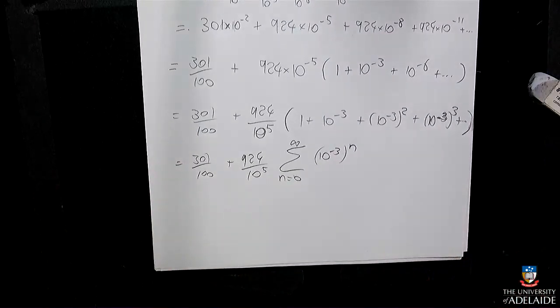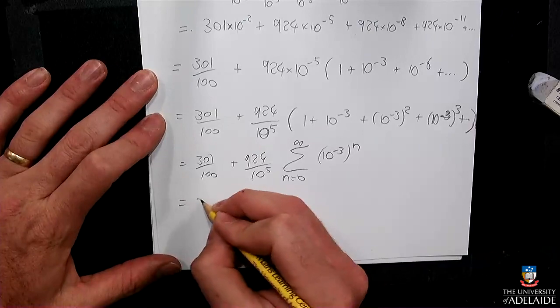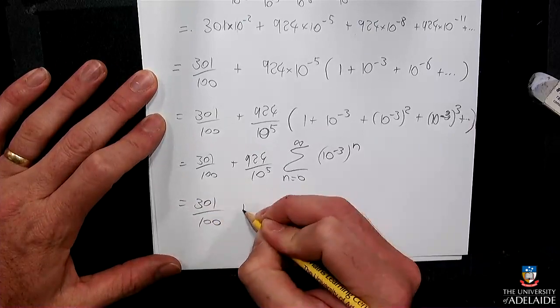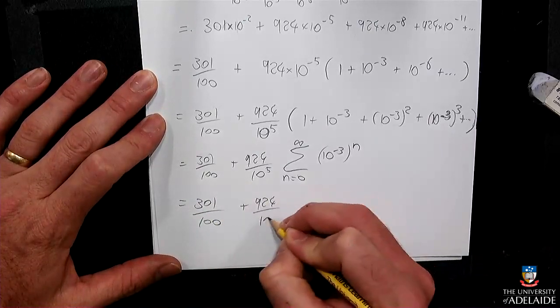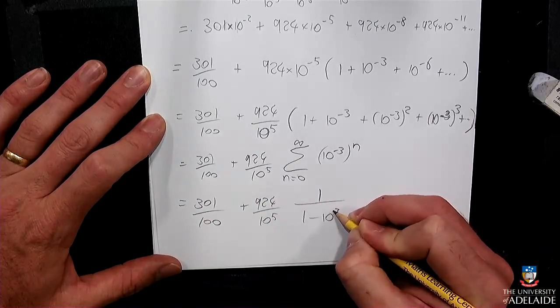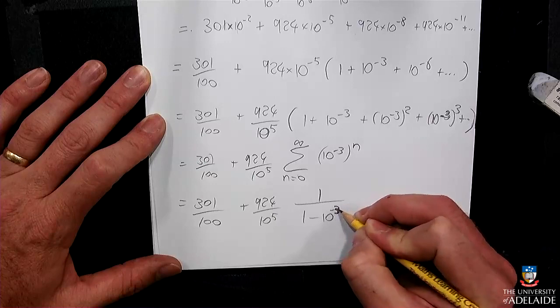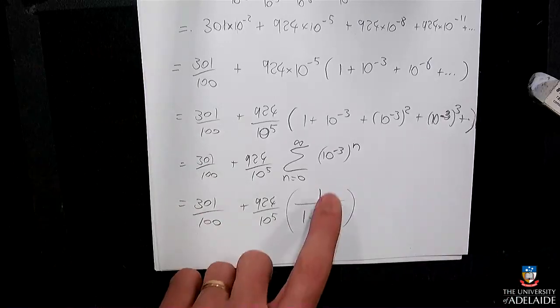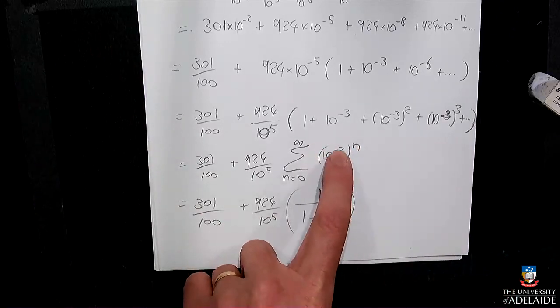So now there's a formula for the sum of an infinite geometric series. It's that: 1 over 1 minus this number.